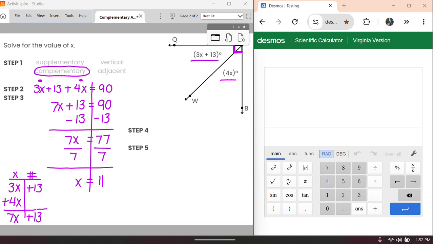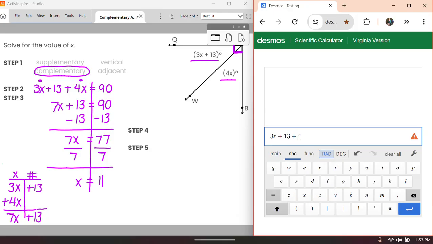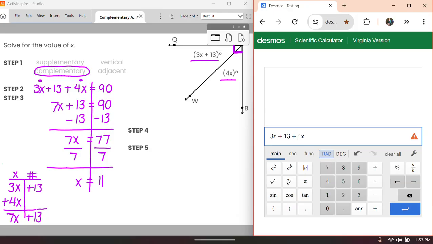The fourth step is to check the solution. And this, in my opinion, is the most important part of solving any equation. So I'm going to put in the equation that I originally wrote. Okay, and this is where it gets a little bit iffy because if you made a mistake in that first equation, it could throw things off here. But hopefully we set up our equation correctly. And then I'm going to try my answer, which was 11.